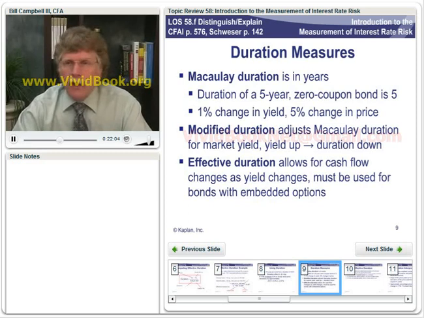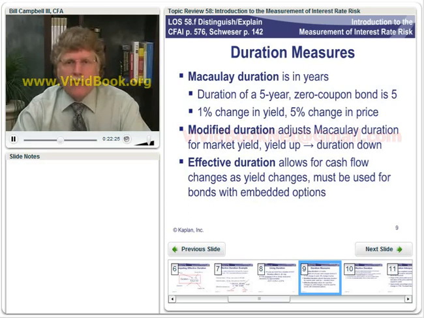So Macaulay did all the hard work. All the finance people had to do was slightly modify that, take Macaulay duration and divide by 1 plus yield to maturity, and now they have a measure of price sensitivity. Because they modified Macaulay's duration a little bit to do that, we refer to that as modified duration.